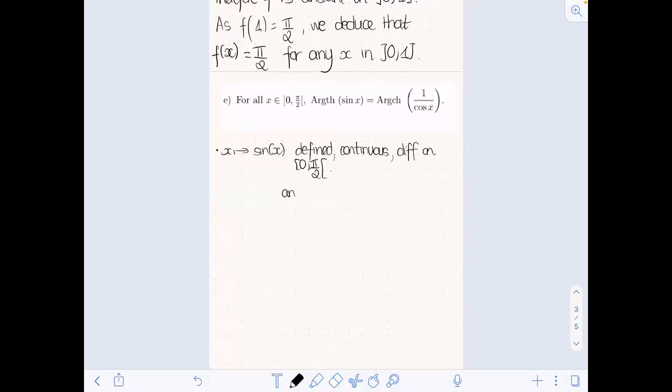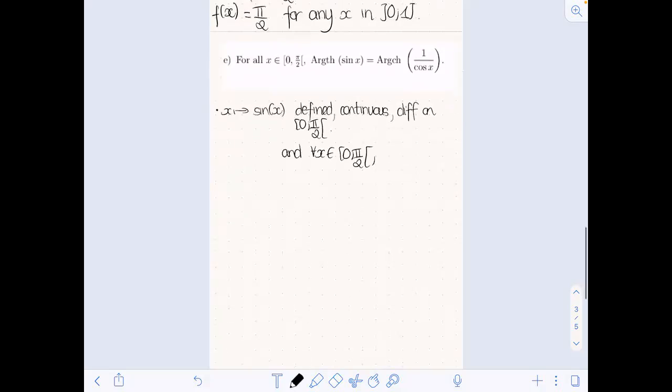And if you have a look at the values that sine of x takes on this interval, you'll get 0 included, smaller than sine of x, and the greatest value that we'll get will be the value at π/2, and at π/2 you should get 1, but we can exclude 1.